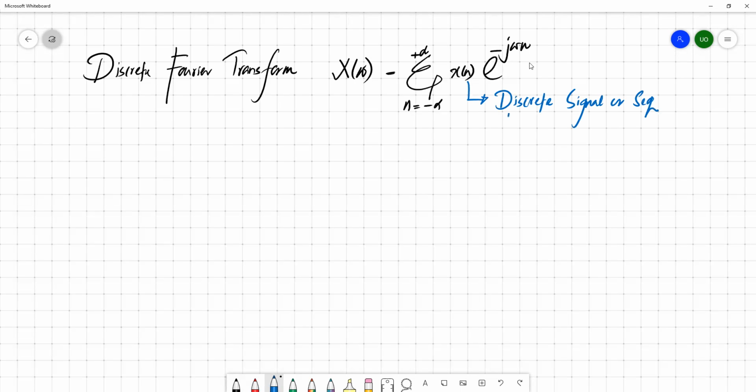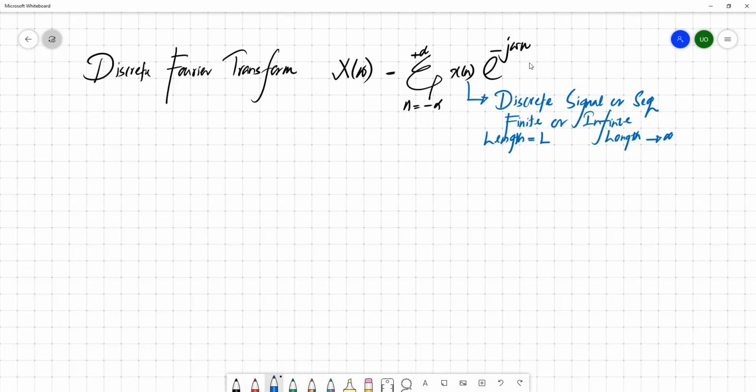This may be either finite or infinite. Finite means the length is a finite value L. Infinite means the length of the sequence is actually infinity.